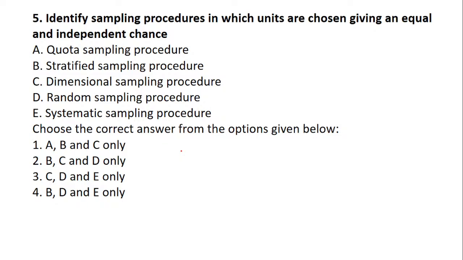So I'm talking about the sampling procedure which gives units an equal and independent chance. They have given probability and non-probability forms, that is quota, stratified, then you have dimensional, then you have random sampling, and you have systematic sampling. Based on the given sampling methods, what are the units which get an equal and independent chance?